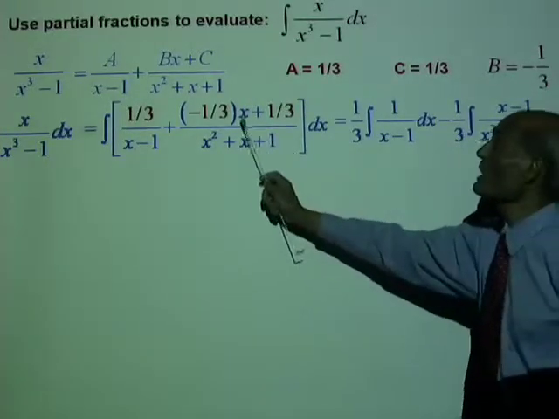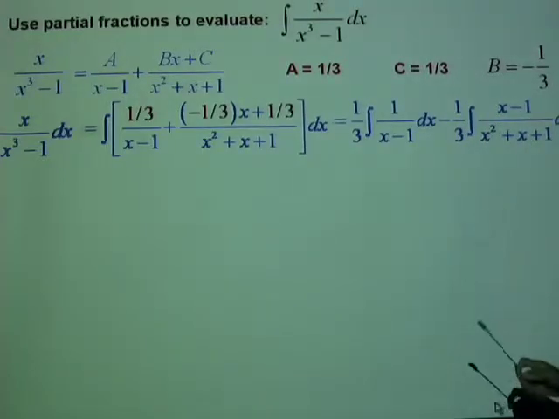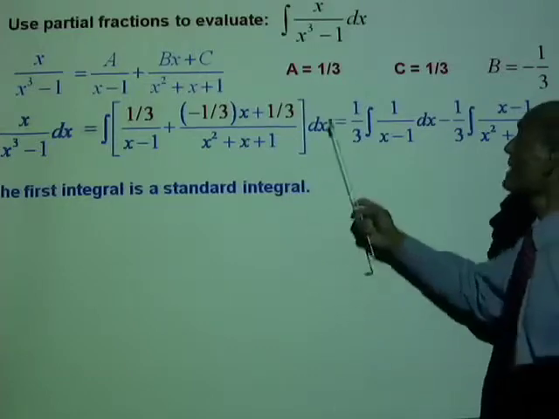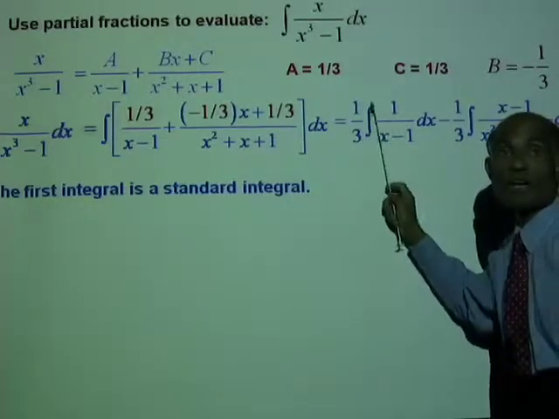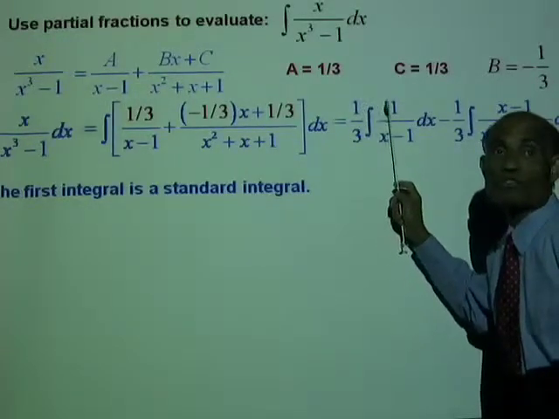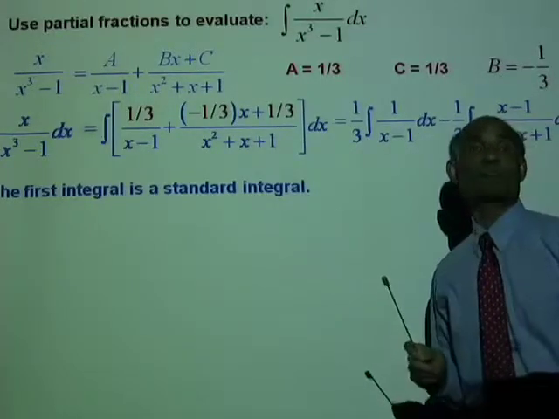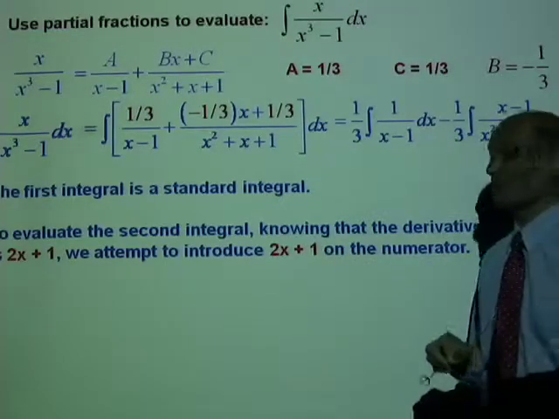You have the integral, what's remaining there is x minus 1 over x squared plus x plus 1 dx. Okay, now what do we do? The first integral is the standard integral, is that right? No problem. 1/3 integral 1 over x minus 1 dx is 1/3 ln absolute value of x minus 1 plus c. That's simple. But the second one is not very simple.